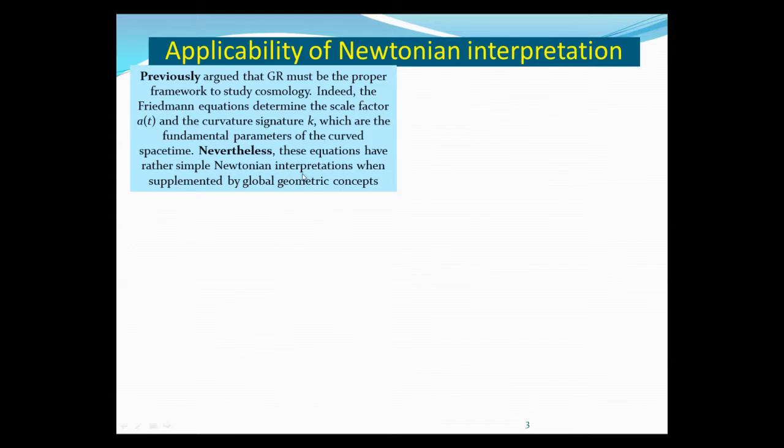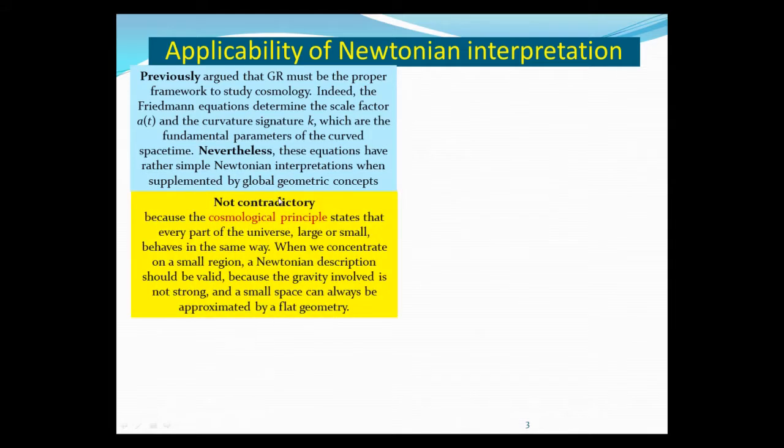With a Newtonian interpretation, it's much easier for most of us to understand the meaning of these equations. There's no contradiction in saying it's a GR equation, yet at the same time having a Newtonian interpretation, because the cosmological principle states that every part of the universe, large or small, behaves the same way.